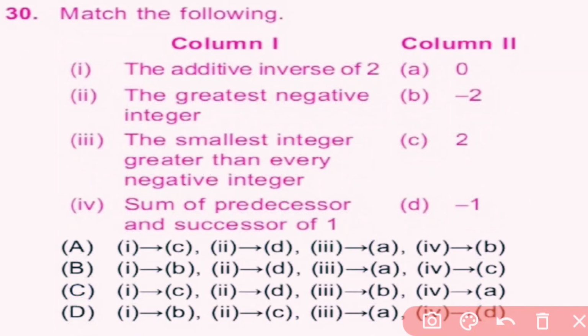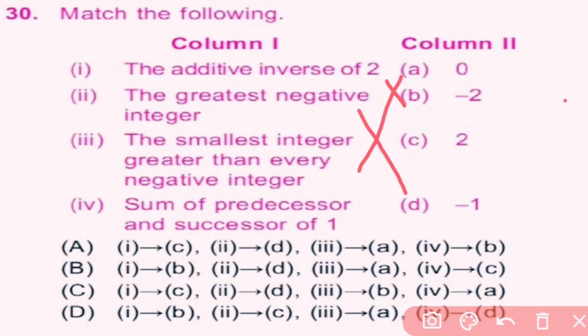Question number 30, match the following. Column 1. First, the additive inverse of 2. Additive inverse of 2 is minus 2. The greatest negative integer is minus 1. Smallest integer greater than every negative integer. Smallest integer greater than every negative integer is 0.